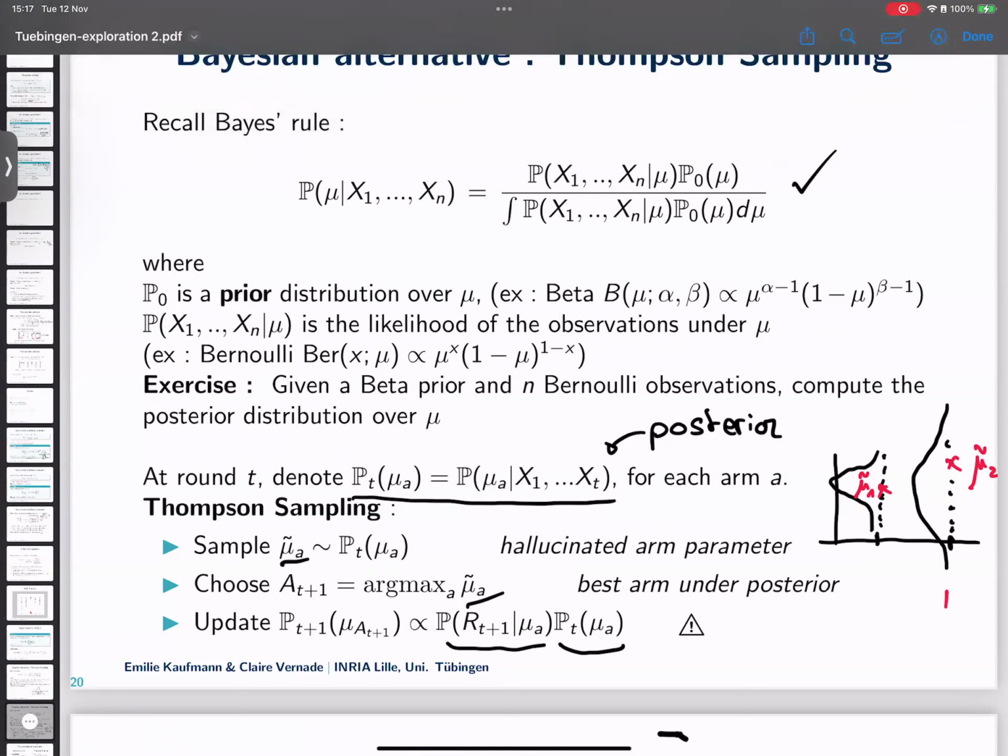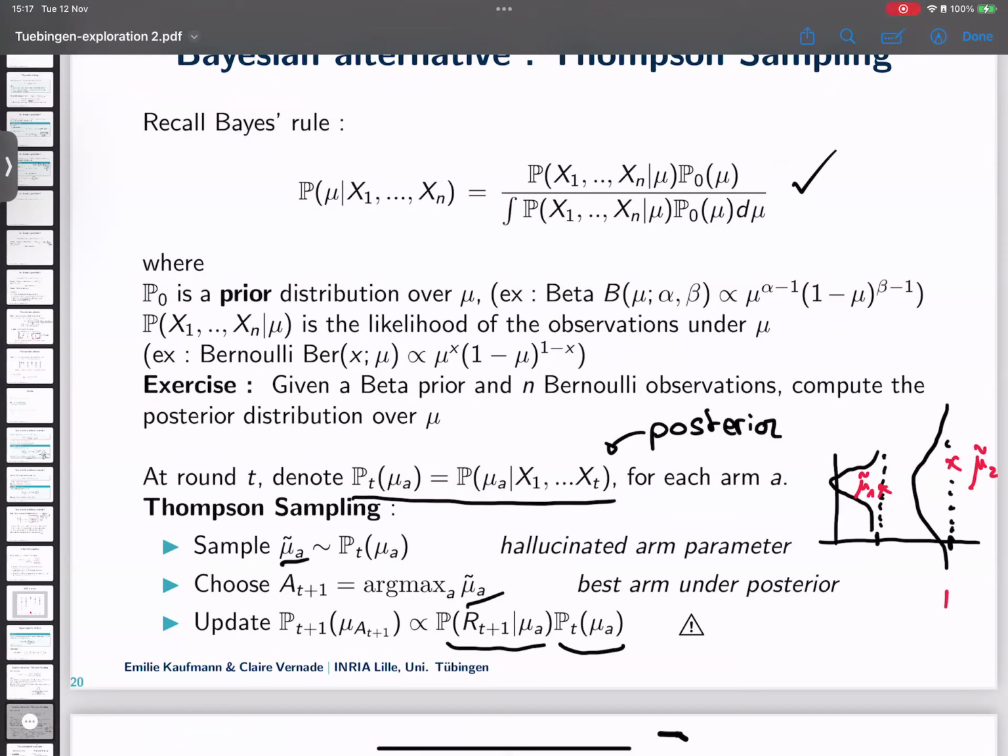The issue is, in general, computing these posterior distributions and sampling from them is hard. There's only a few cases that are well known and for which you can do this. So typically Gaussians, that works out. If everything is Gaussian here, we know how to do it.